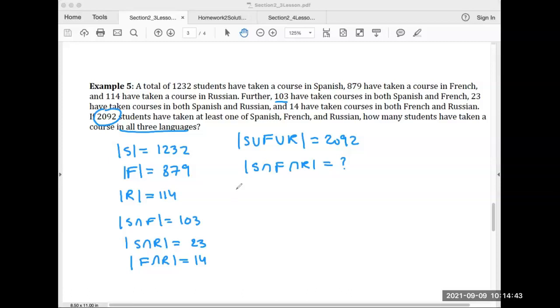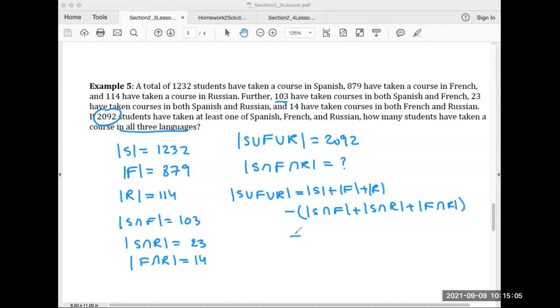So we have the union of S, F, and R is S plus F plus R, minus the overlap between each of the pairs. I'm going to put the whole thing in parentheses there. And then plus the overlap of the 3.